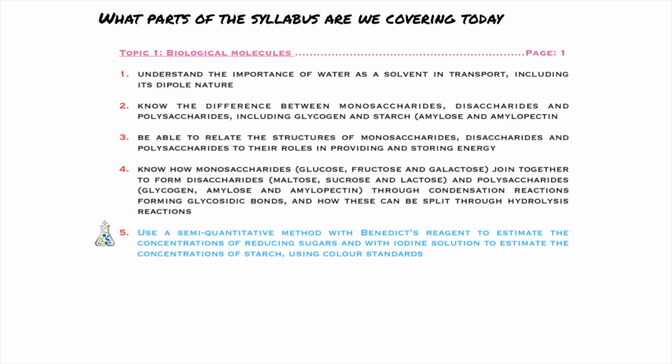First topic, the first topic in our syllabus is molecules. So we'll talk basically today about the water molecule. We'll talk about properties of water, and we'll talk about carbohydrates. So these are the parts of the syllabus that we'll be doing.